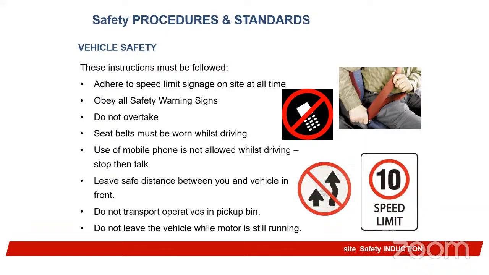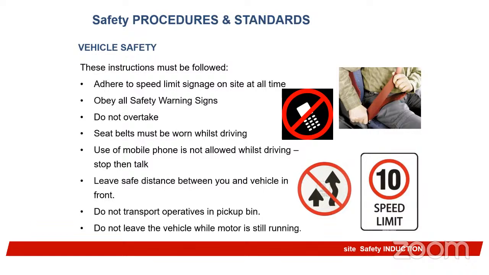Adhere to speed limit signage on site at all times. Some say 5 kilometers, some say 10 kilometers per hour, depending on what you use. Obey all safety warning signs. Do not overtake. Seatbelt must be worn at all times. Use of mobile phone is not allowed while driving. Stop, then talk. Leave a safe distance between you and the vehicle in front.